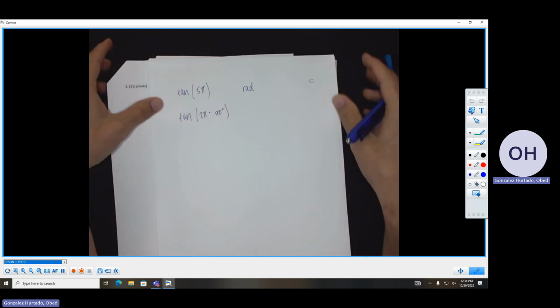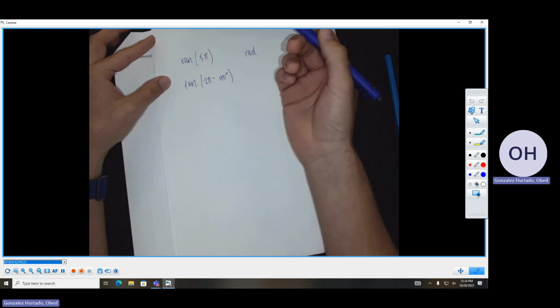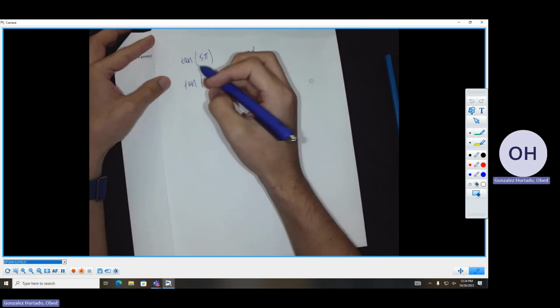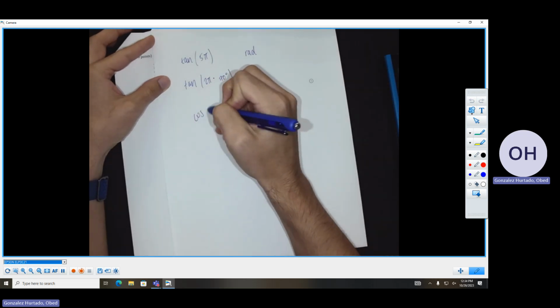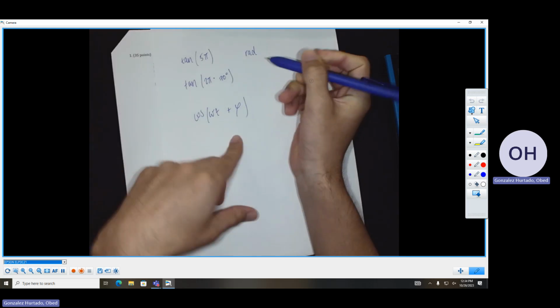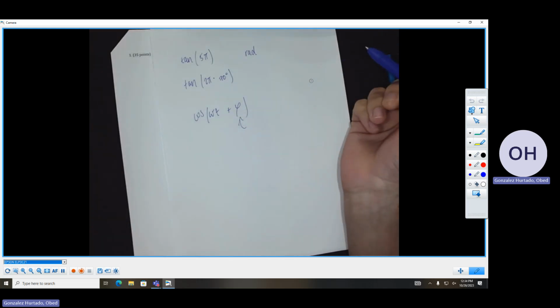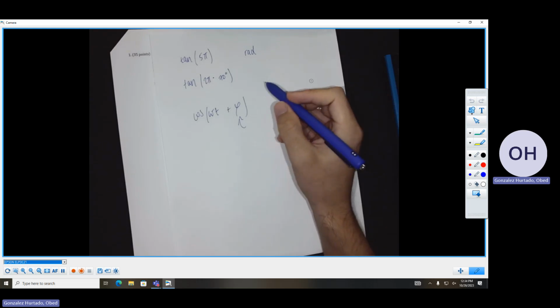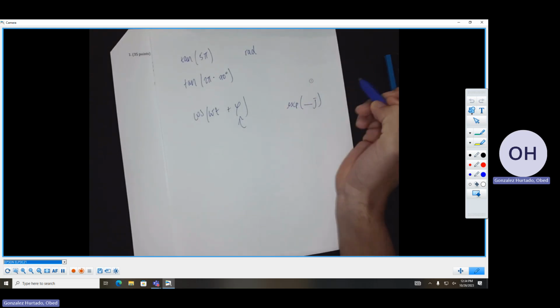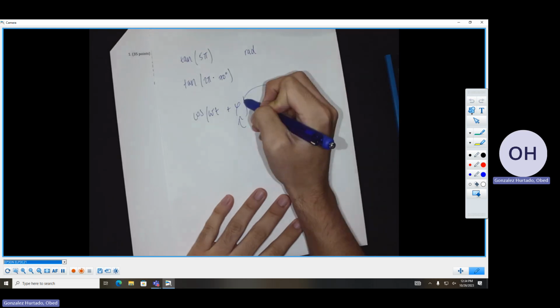There's less of it this semester, but we see where you end up having cos omega t plus your phase. Whenever you have your exponent with a j, y'all just put this here.